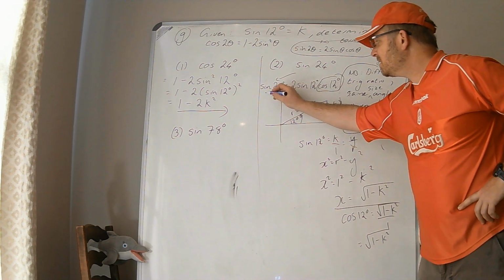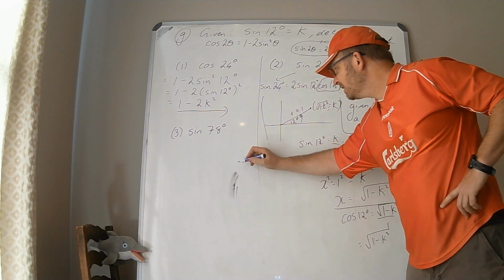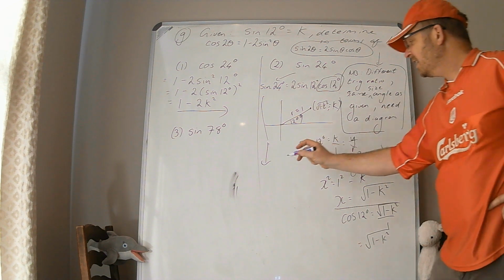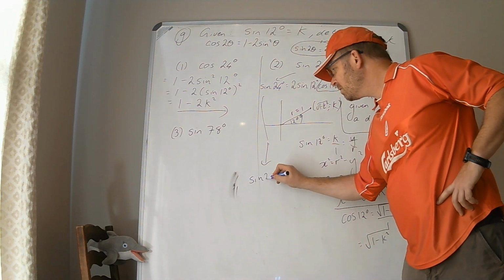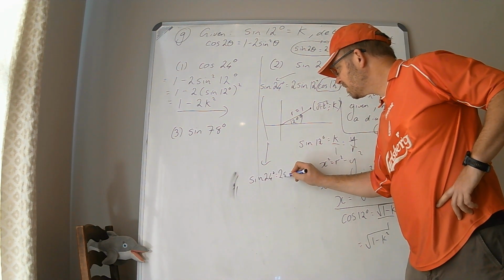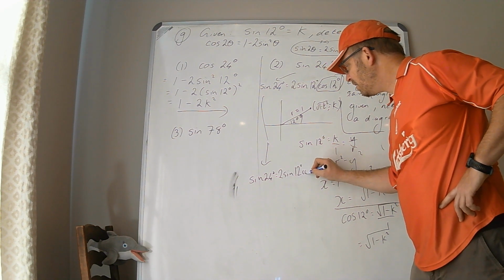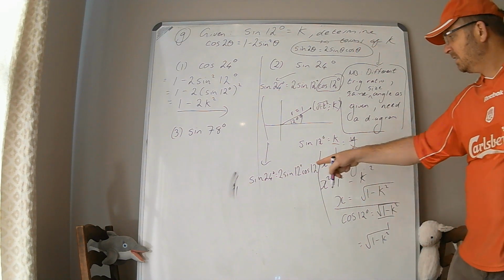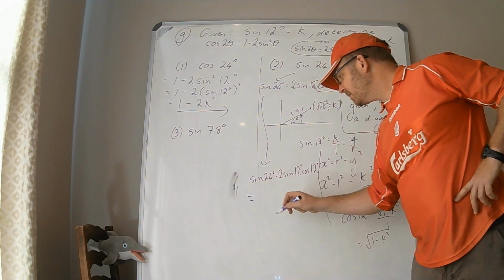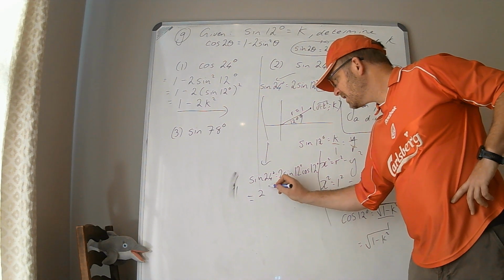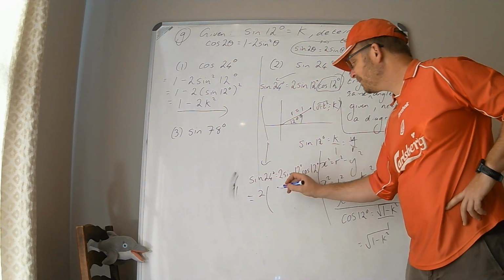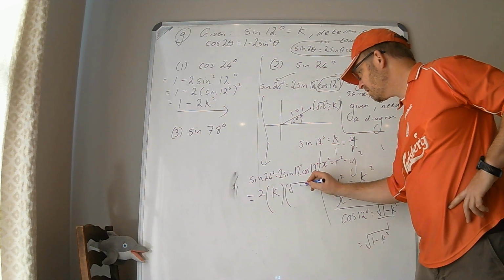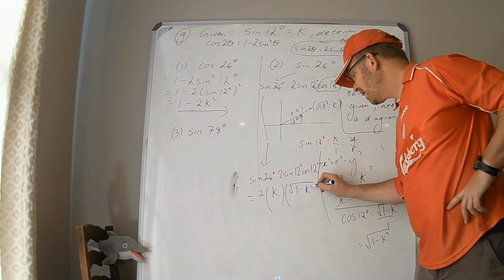Okay, I haven't answered the question yet, because you had to go work out sine of 24. So go try to do that. And sine of 24 we know is equal to 2 sine 12 cos 12. But now I've got cos 12 and I've got sine 12 in terms of k, so it's going to be equal to 2 times sine of 12, which is k, times cos of 12, which is the square root of 1 minus k squared.